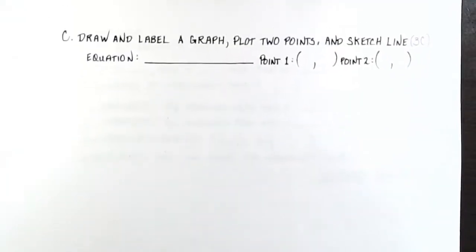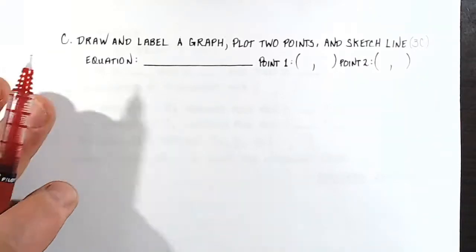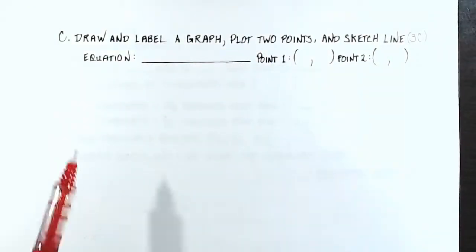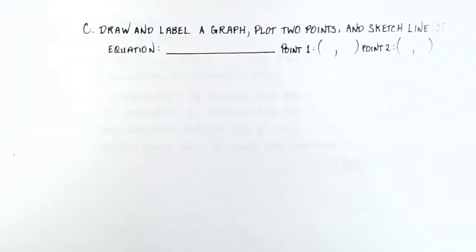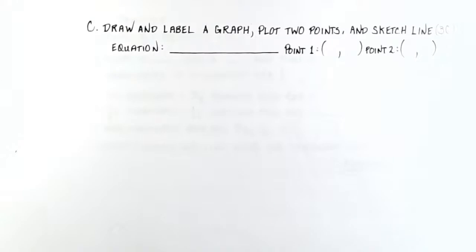We need to transfer some information from the previous page. We're going to draw and label a graph, plot 2 points. We're actually going to plot 3 points, and sketch a line. So the third point we're going to plot is the x-intercept down here, and we'll get to that. I need to transfer the equation from the previous page.